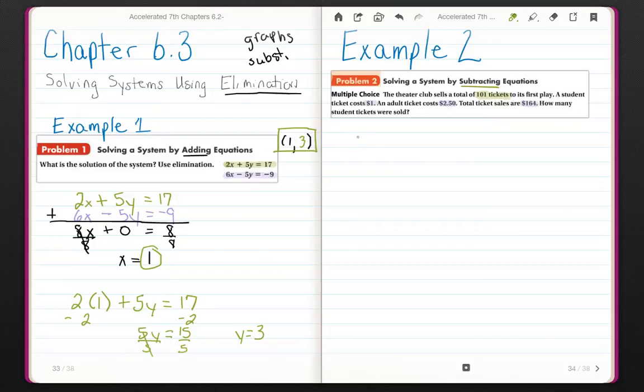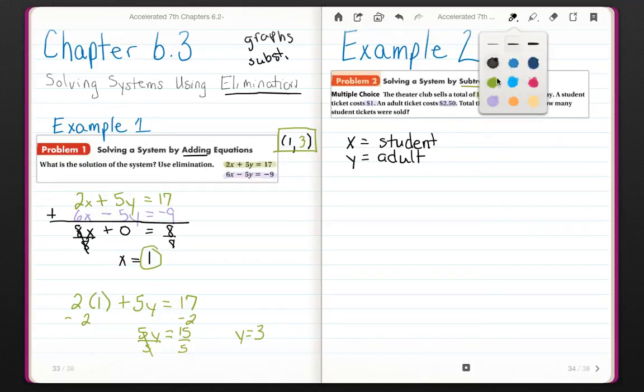So, define your variables first. X will equal student tickets. Y will equal adult tickets. You can do that the other way around. It doesn't matter. So 101 tickets.